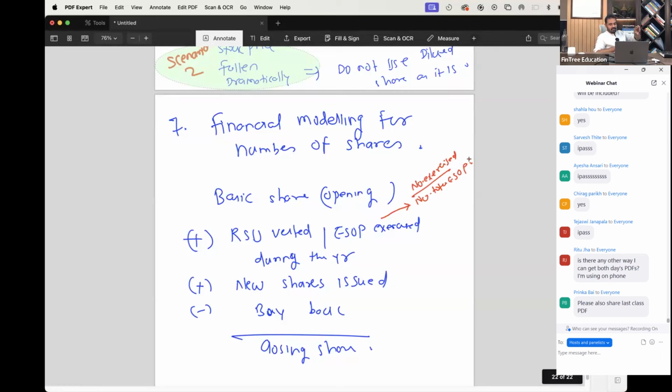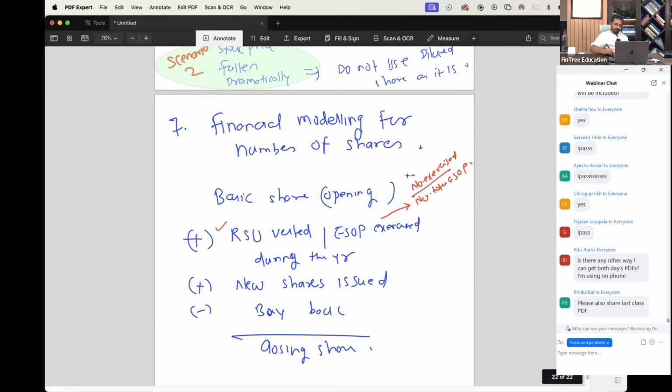So you take last year's data and say, on average, 20% of the unexercised ESOPs we have get exercised every year. You use that 20% ratio, multiply, and assume these are the ESOPs exercised or RSUs vested. Once you do that, everything else is easy. Then you have your number of shares ready.